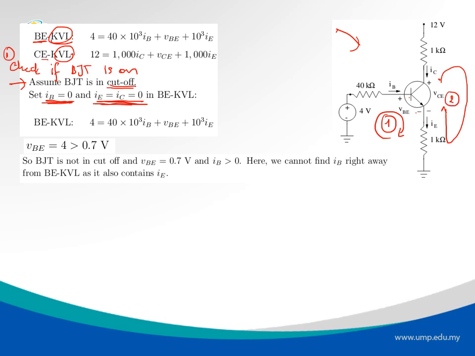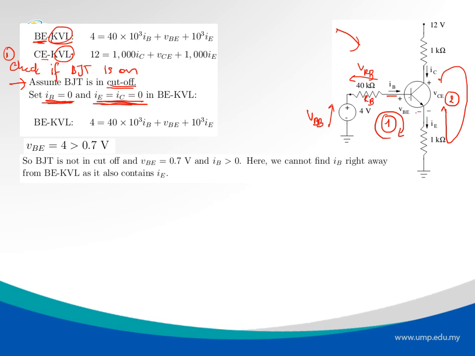So if we look at BE, what is the KVL in BE? We have VBB, right? The current IB goes in this direction, so I would call this VRB, because this resistance is usually called RB, the resistance at the base.